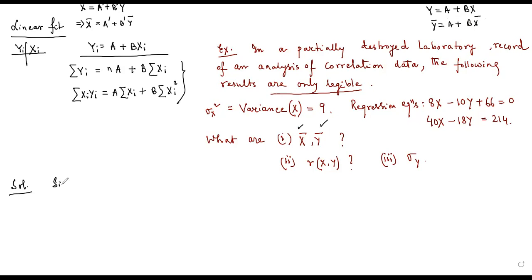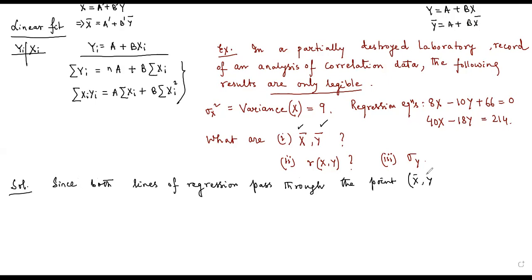So to start with, we are writing that since both lines of regression pass through the point x bar comma y bar, we have two equations.